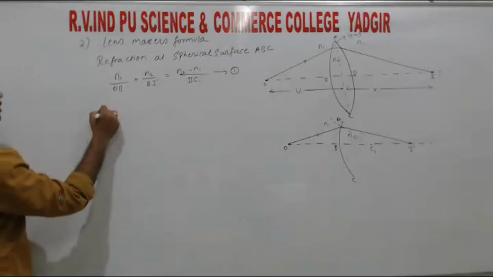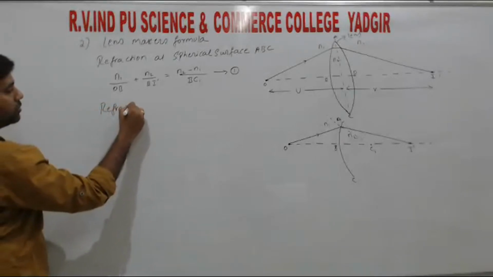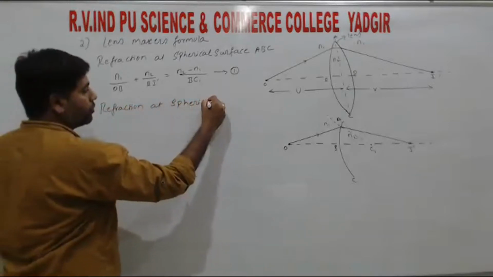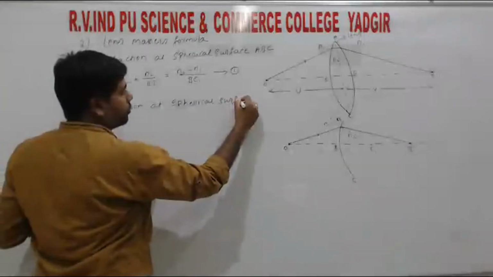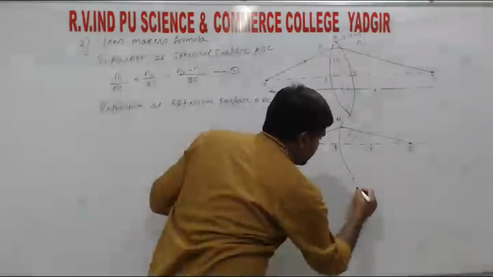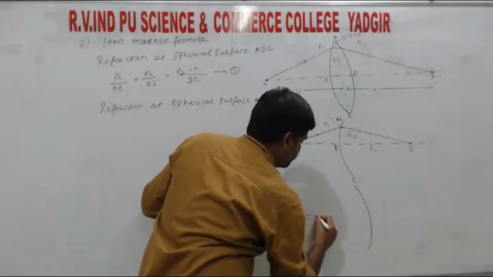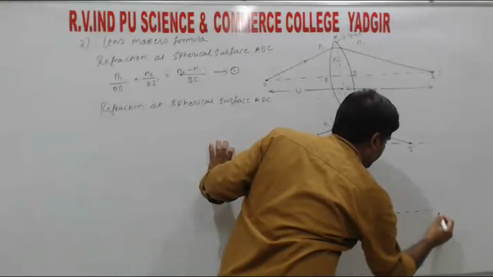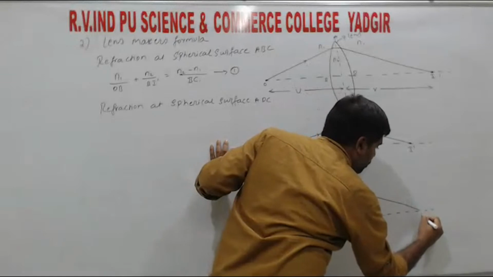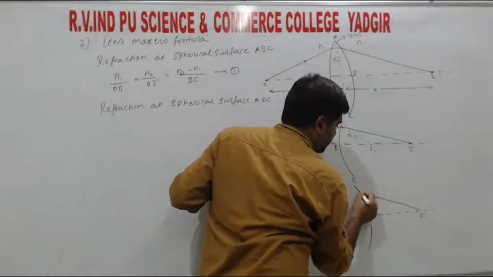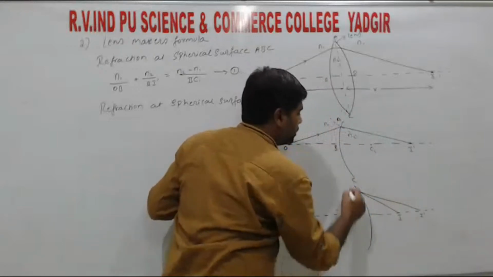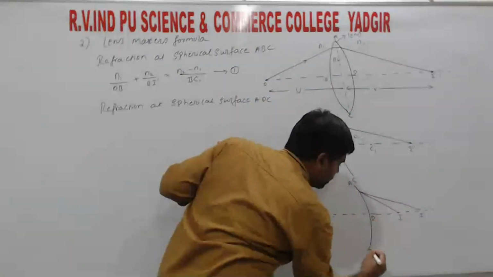Next, refraction at spherical surface ADC, that means the second refracting surface. This image I dash acts as a virtual object for the second refracting surface. Somewhere here we are getting the image I, right? So this is ADC.